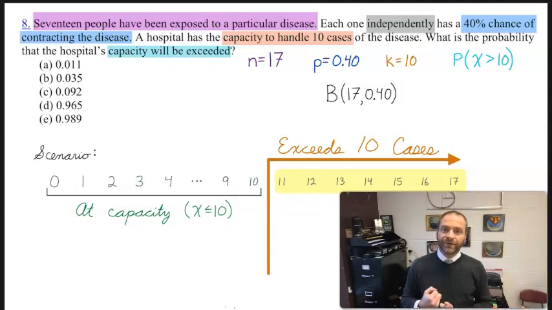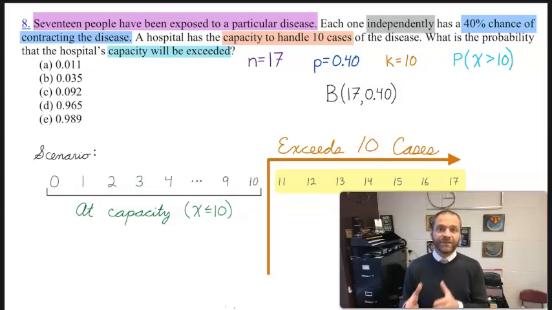There is a 40% chance that they're going to be affected. You are looking at 10 as the most people that could be in the hospital at one time. So I have a binomial setting. They're either going to get the disease or not. It's independent, and you have a fixed probability of 40%.